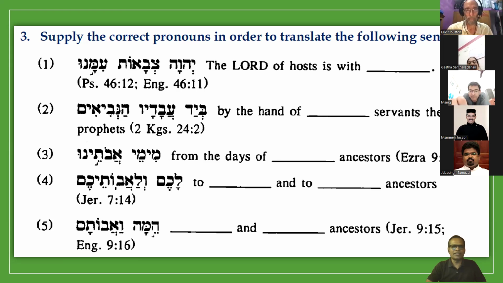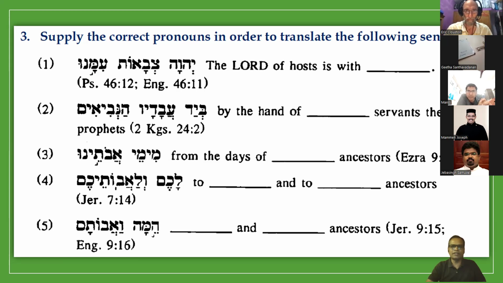Because of these exceptions, we can conclude that it should be their ancestors, not their ancestor, because the noun is in plural form and the pronominal suffix is plural. So the point is the noun is in plural form, the ending is causing confusion, and there may be some exceptional cases where this arm or him can appear.